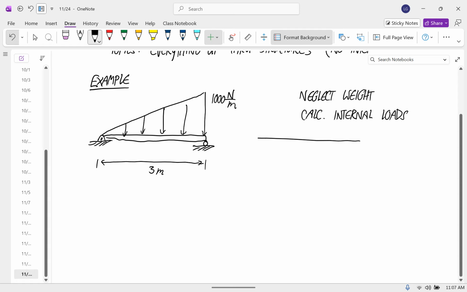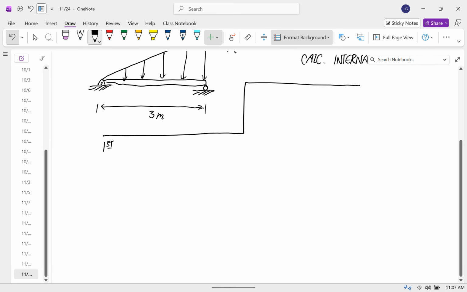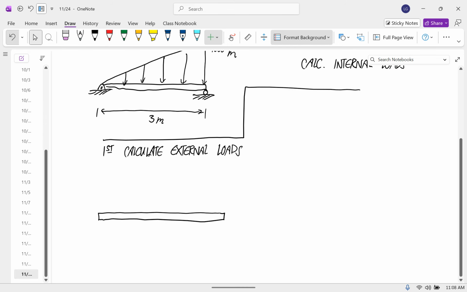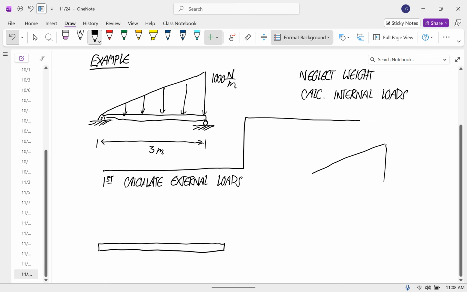So the first thing we have to do is calculate the external loads. So I'll take the whole beam. And since I'm isolating the whole beam, I can go right into representing that distributed load as a point force. We have this right triangle with a length of 3 and a height of 1,000.